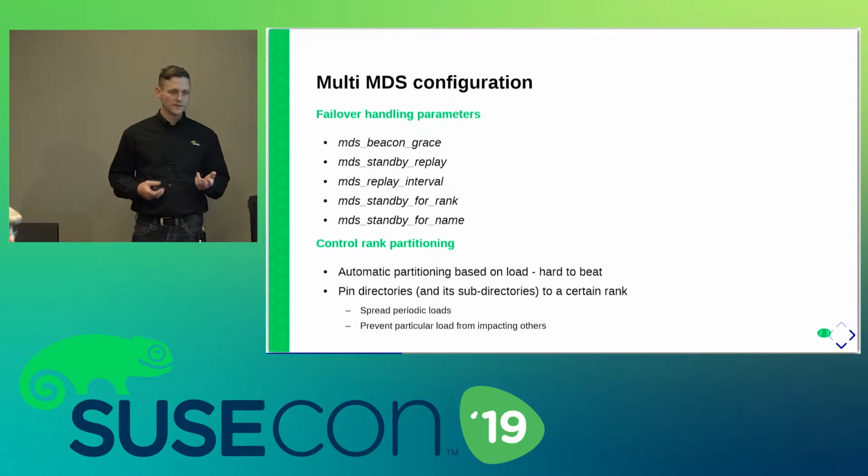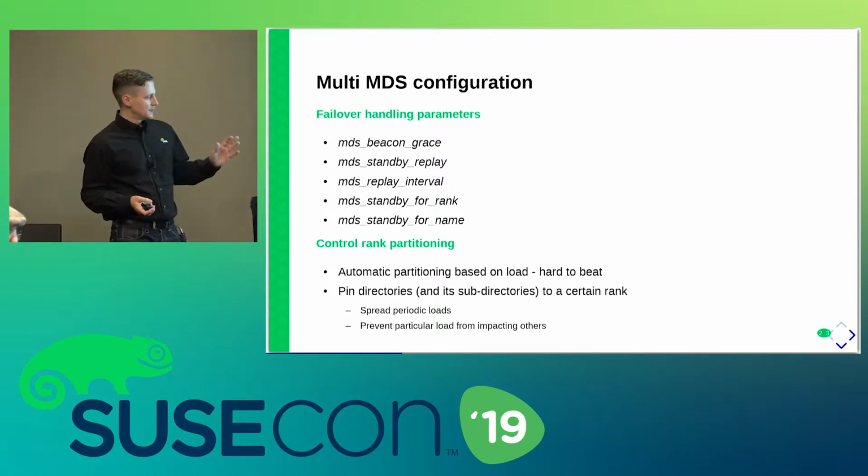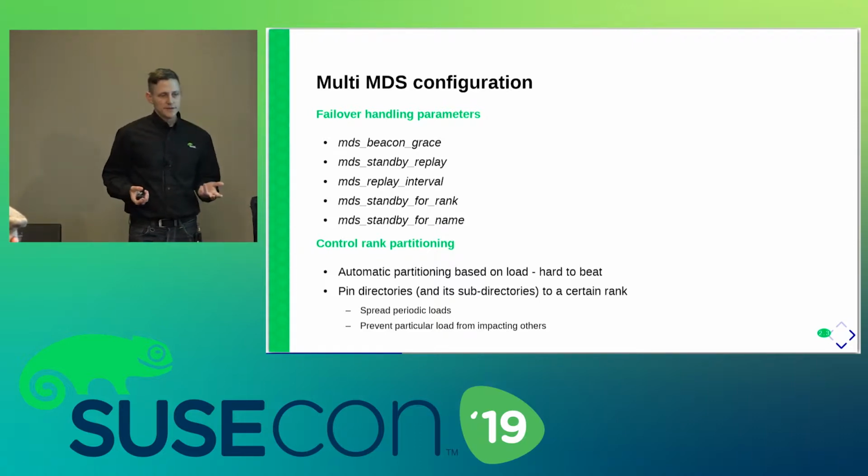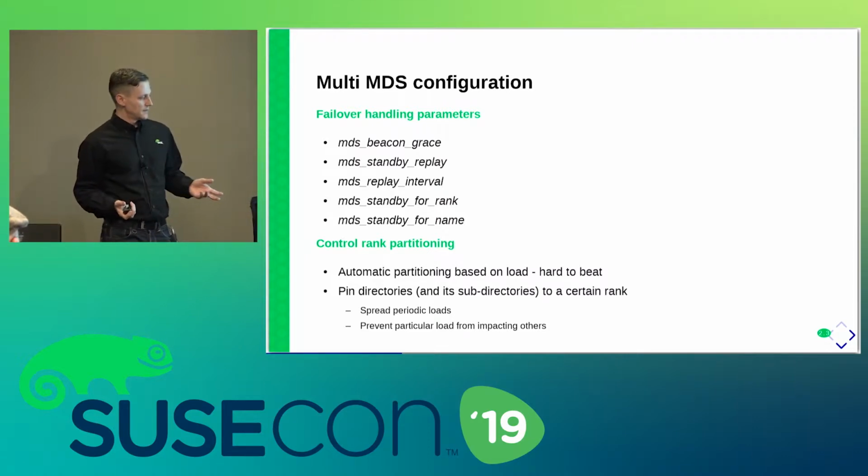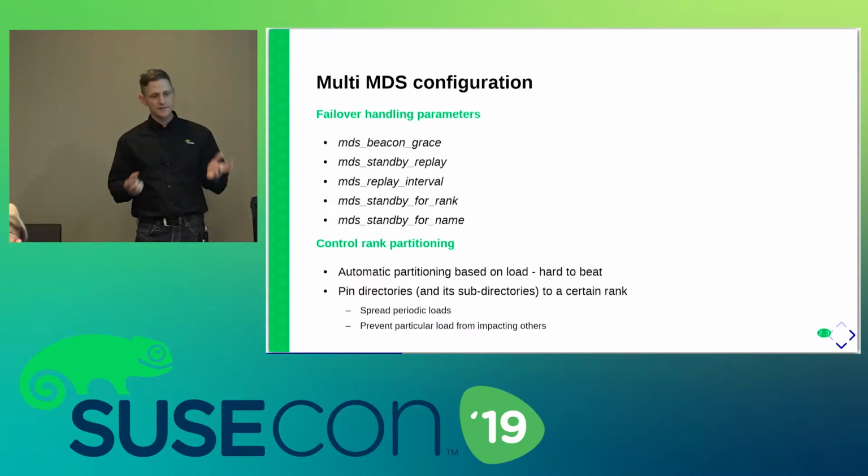If you just want equally loaded MDS daemons, you shouldn't touch those, but it might make sense if you want, for example, to have a directory that gets very bursty traffic. It might make sense to pin this directory as a rank to a certain MDS, so that when a job in this directory suddenly happens and gets a high I/O load, it doesn't impact the rest of your file system. So it's kind of a fencing mechanism.